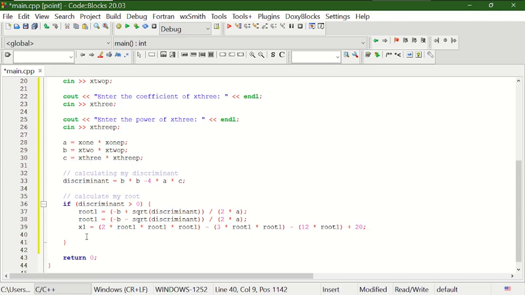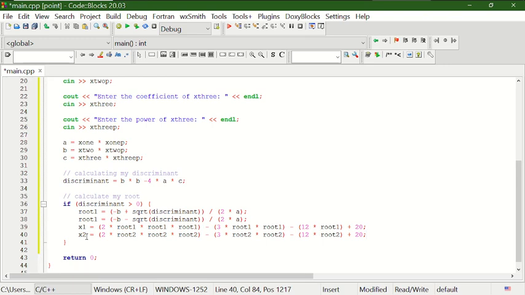So we can say x2 is equal to, in bracket 2, root 2, root 2, root 2, minus in bracket 3, root 2, root 2, minus in bracket 12 times root 2 plus 20.